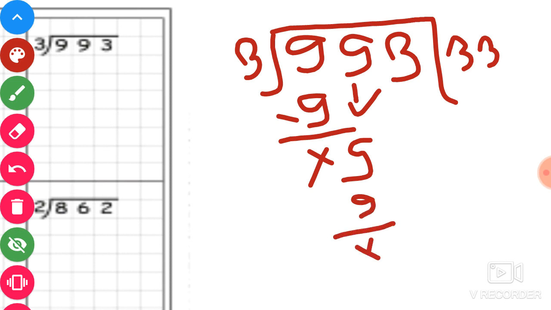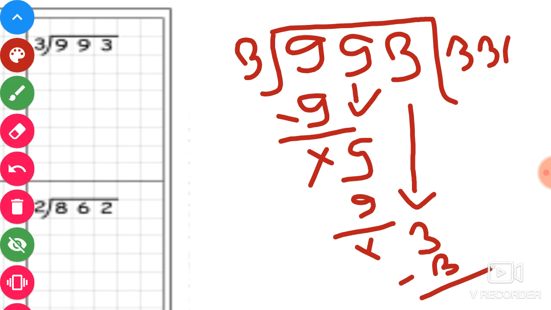We'll put a cross. Now we are left with 3. So we will carry it down. So how many times we will get 3 in 3's table? 1 time. Now 3 minus 3 we will get? Nothing. Okay. So our answer is 331. You have also got the same answer?